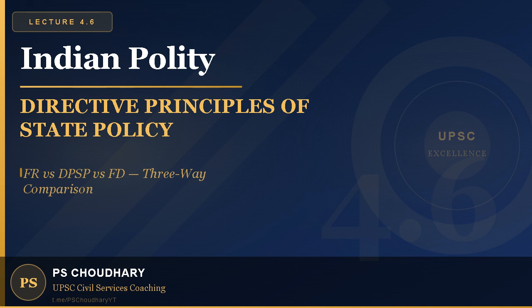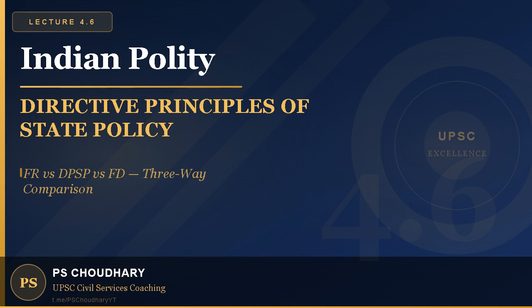Clause F says value and preserve the rich heritage of India's composite culture. Clause G says protect and improve the natural environment including forests, lakes, rivers, and wildlife, and have compassion for living creatures. Clause H says develop the scientific temper, humanism, and the spirit of inquiry and reform. Clause I says safeguard public property and abjure violence.